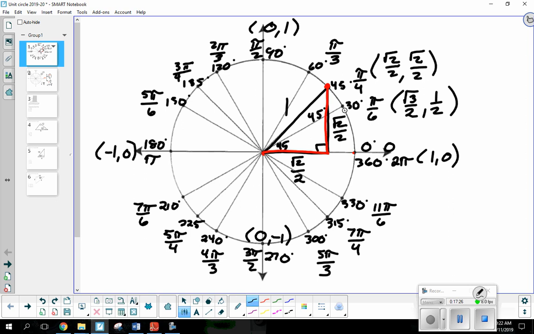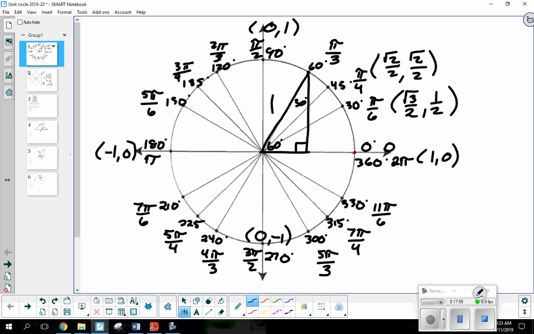Let's try the coordinate at 60 degrees. Now you're going to notice something. I'm going to draw the hypotenuse here, or right now it's the radius. I'm going to connect that point perpendicular to the x-axis, just like that. Now, what's this base angle right here? It's 60. That means this one's got to be 30, but it doesn't matter how the triangle looks. It's the same 30-60-90 triangle we've been looking at.